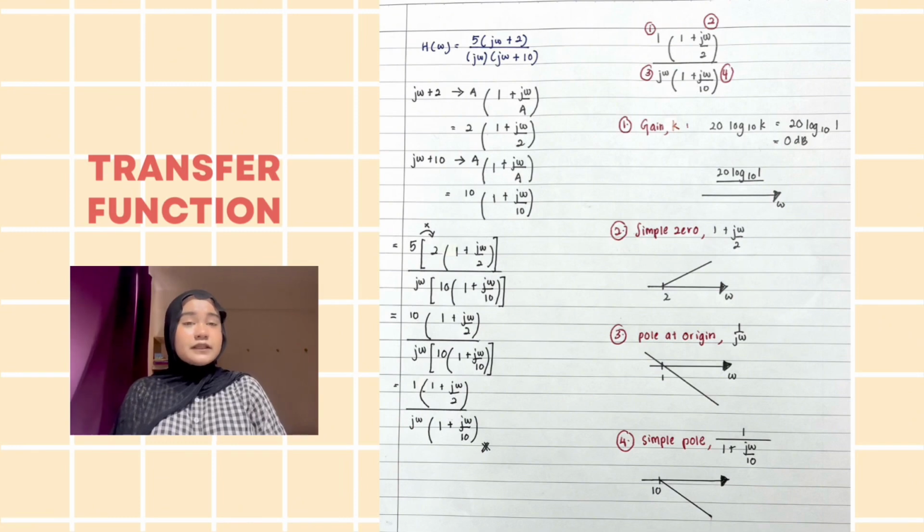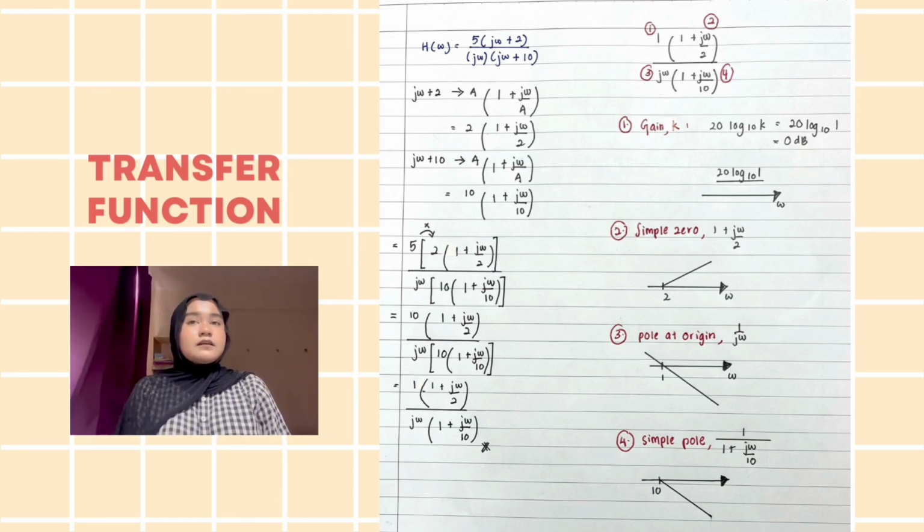We are given the transfer function H(j omega) is equal to 5 bracket j omega plus 2 over j omega multiplied by bracket j omega plus 10. First we simplify each term.